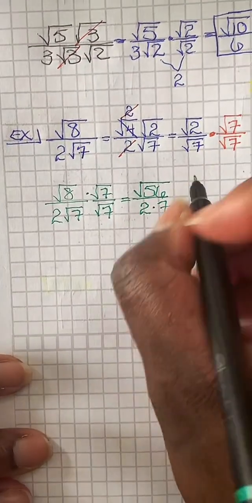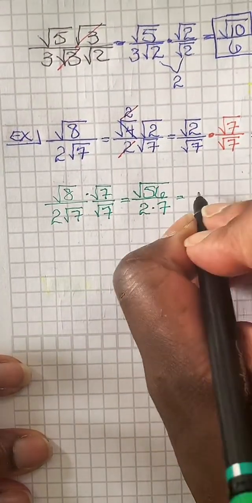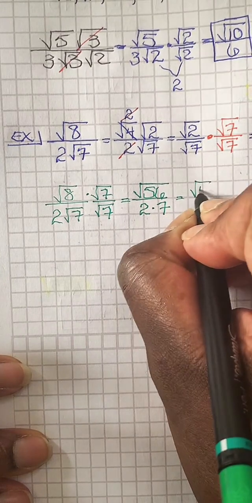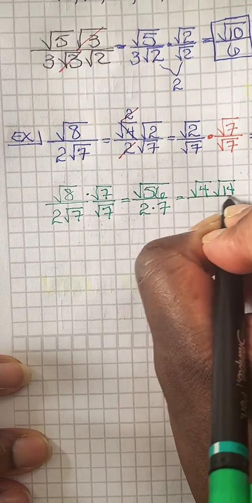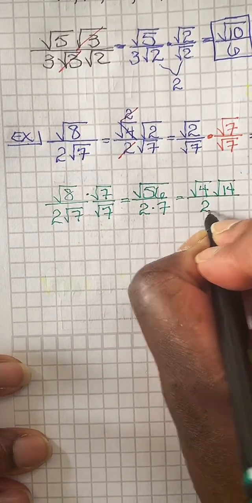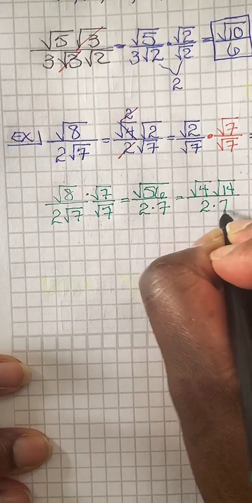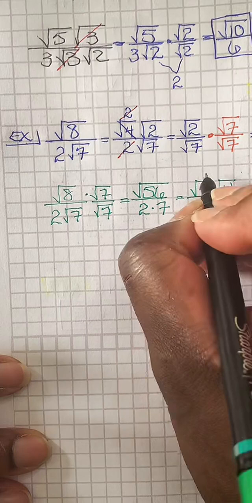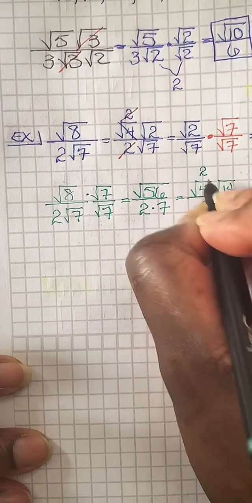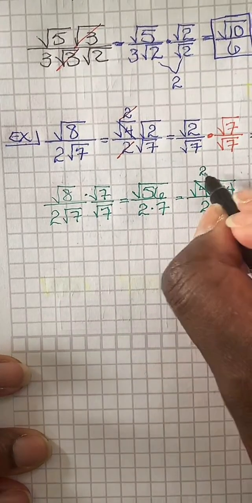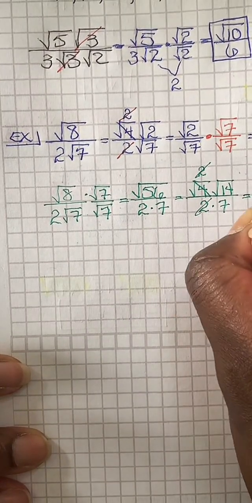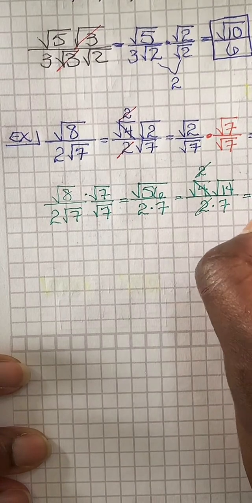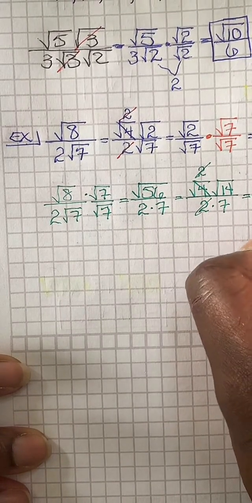And like we said, square root of 56, that's going to be the square root of 4 and 14. So now you have 2 times 7. Square root of 4 gives me 2. So I can cancel out the 2's. And I'll just get my square root of 14 over 7.